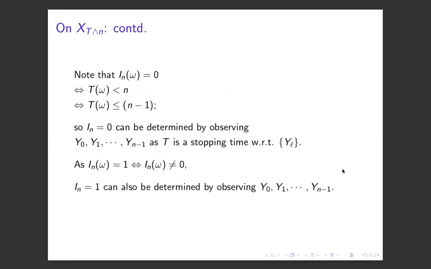Note that I_n(omega) for any fixed omega is equal to 0 if and only if T(omega) is strictly less than n, that is, if T(omega) is less than or equal to n minus 1.